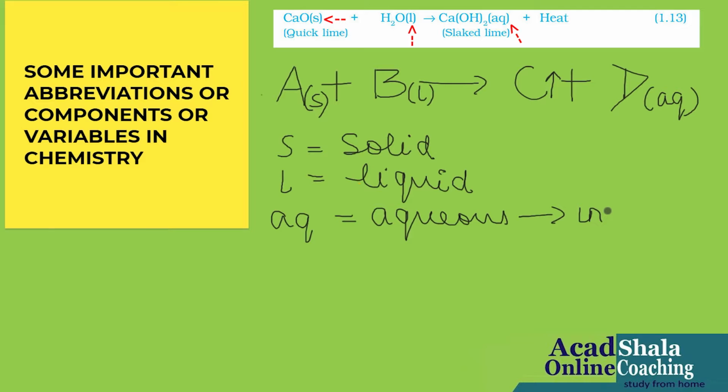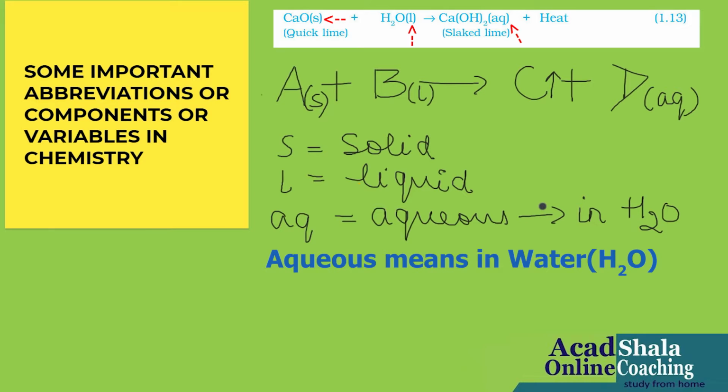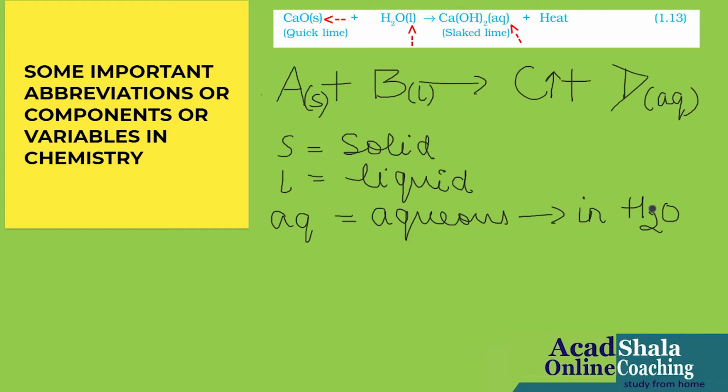That means whatever the product or the reactant which are written as aqueous, it is having water in it. Aqueous means in water, the solution made in water. L means that this reactant must be in liquid. S means that this reactant must be solid.